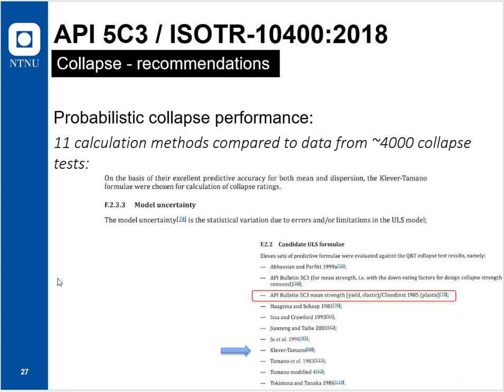So a rather comprehensive project was started around, was it around 2000? And it culminated several years after. It's the Klever and Tamano that is the resulting method. It's a combination of two formulas and work done by these two gentlemen.